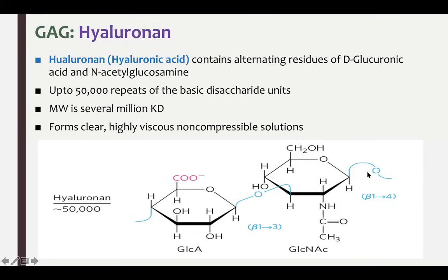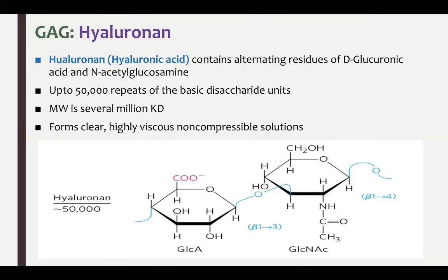Okay. So in the hyaluronic acid, there are around 50,000 repeats of disaccharides. So in total, we will find 1 lakh monosaccharide units in this hyaluronic acid. And because of these units, the molecular weight would be several million kilodalton.